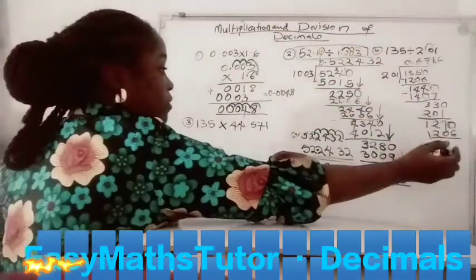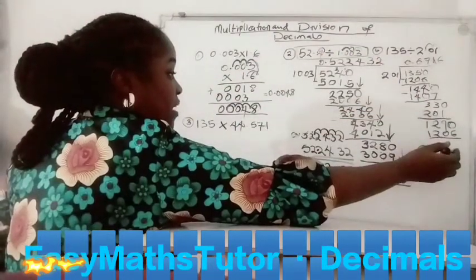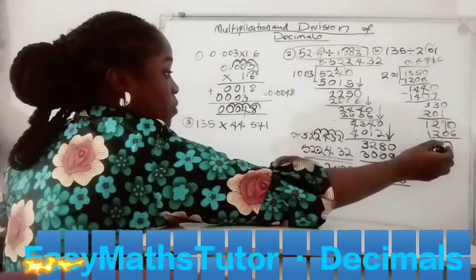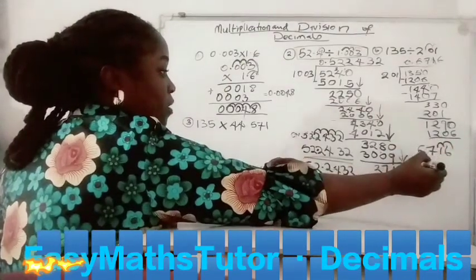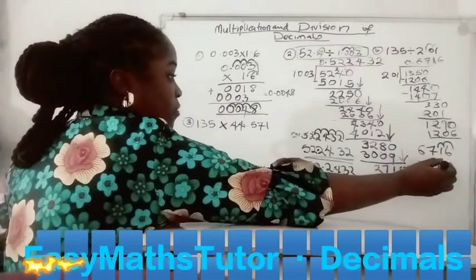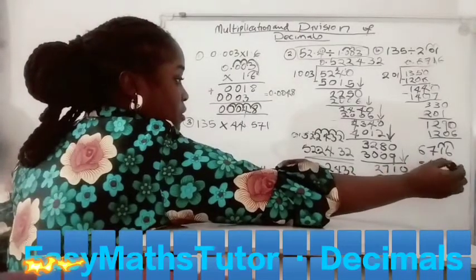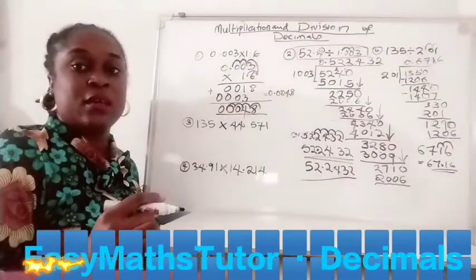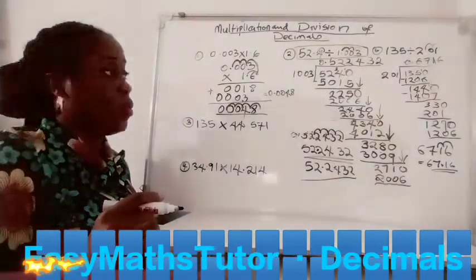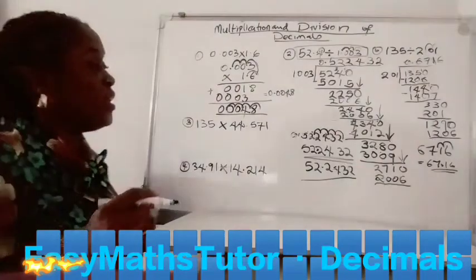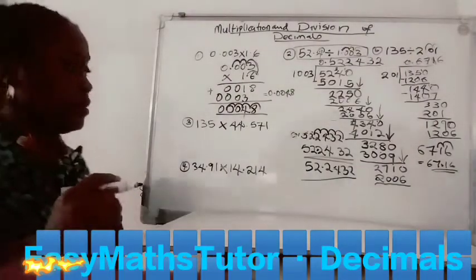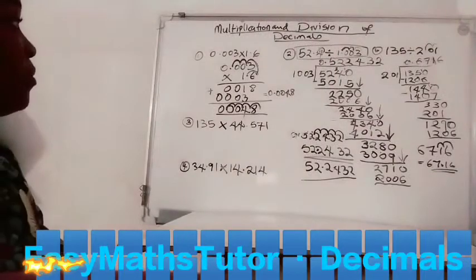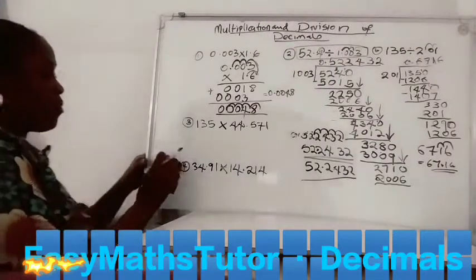So from the right hand side, we count 2 decimal places: 1, 2, giving us 67.16. So if you check your calculator, you find out that this is the correct answer. So we have another problem here.